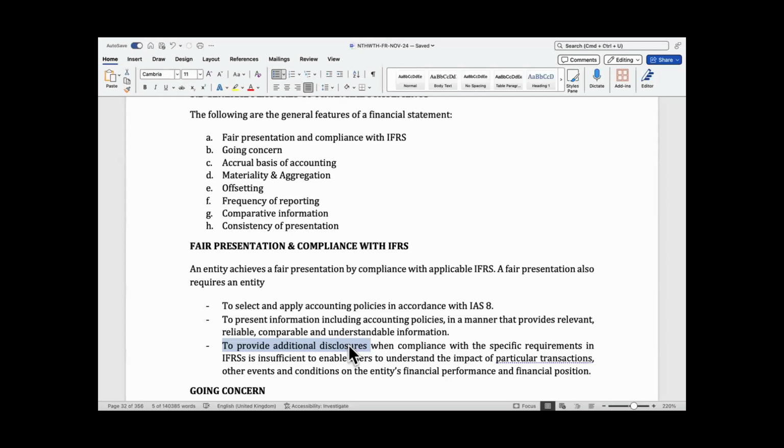This is a bit similar to it, but this is more distinct, specifically referring to the fact that there's something now called accounting policy that you must apply, and you must present your information in such a way that it's relevant, reliable, comparable, understandable, and provide additional disclosures where necessary. Okay, so that's fair presentation and compliance with IFRS. Another feature is going concern.